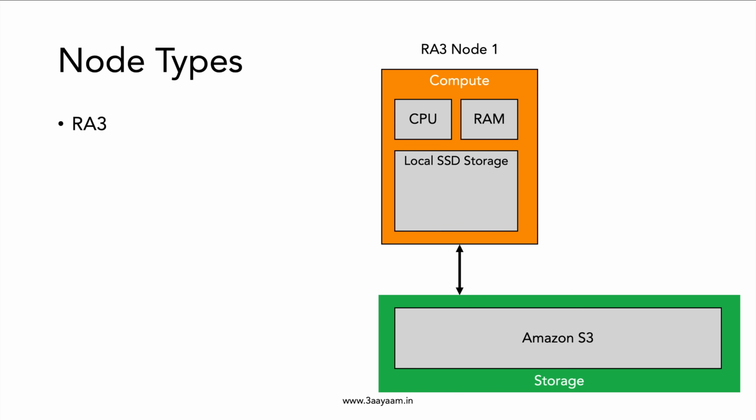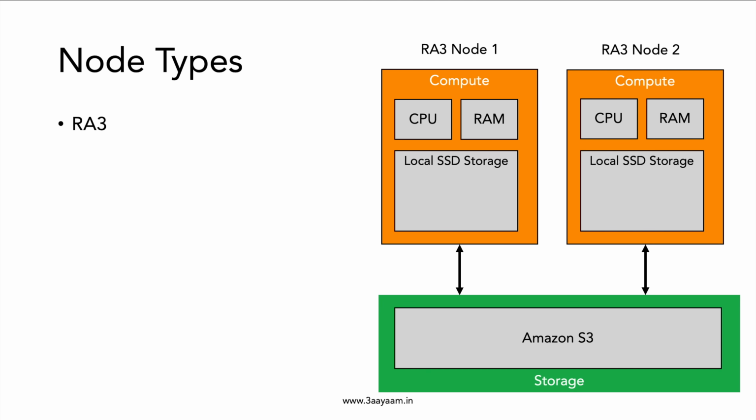But if I do not need more compute power, I can just do with one RA3 compute node. I do not need to add any more compute nodes. But let's say I need more compute, I can add additional RA3 nodes also, which will have their own local storage, and will also have access to Amazon S3.